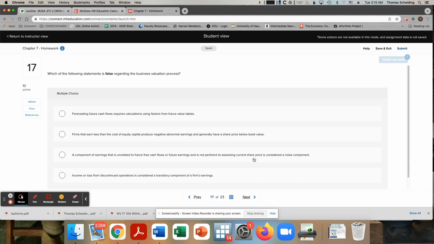That is the nature of a valuation process. So already your eyes should be drawn to this option, which I think is correct here without even reading the others. Firms that earn less than the cost of equity capital produce negative abnormal earnings and generally have a lower. That has nothing to do with that.